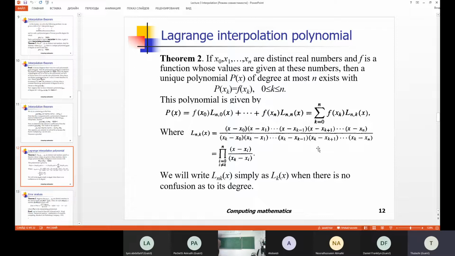Using this general formula, we can write a polynomial of degree 2.